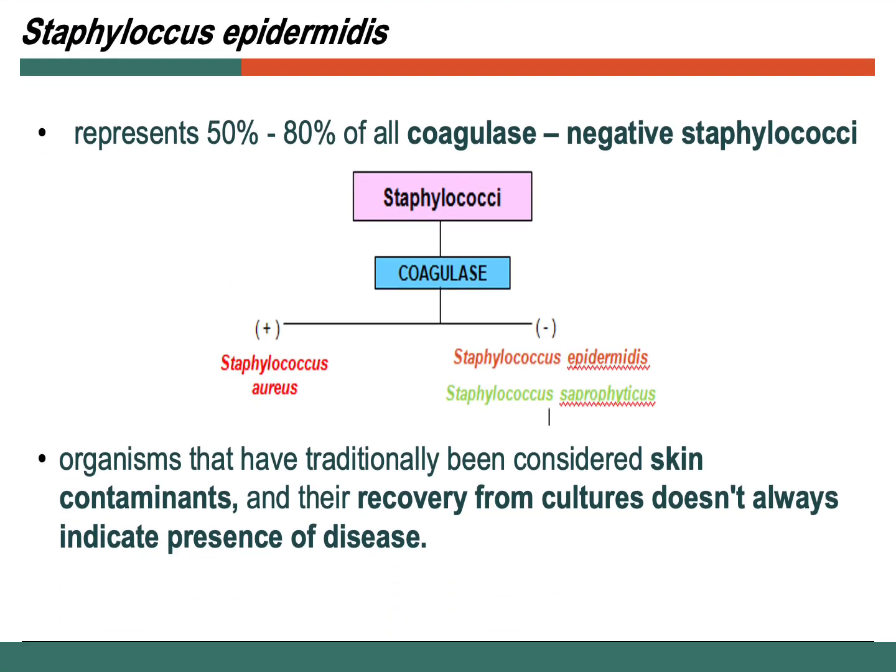Staphylococcus epidermidis represents 50 to 80% of all coagulase negative staph. Okay? So these organisms have traditionally been considered as skin contaminants, and their recovery from culture doesn't always indicate the presence of disease. That is why it's very important if you become a medical technologist later and are assigned in clinical microbiology.